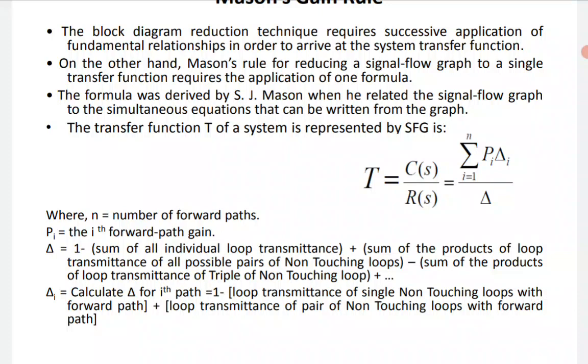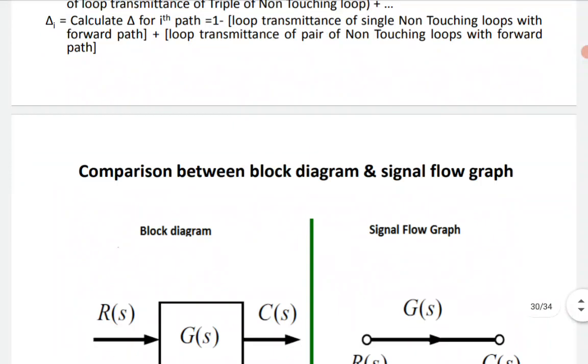So when I wish to evaluate delta 1, using the same formula of delta, it should not touch the first forward path. That means excluding the first forward path, delta 1 will be evaluated. If all the loops touch the first forward path, then the sum of all those terms is 0, and delta 1 will be 1. When we solve relevant problems, that will be very clear to you.